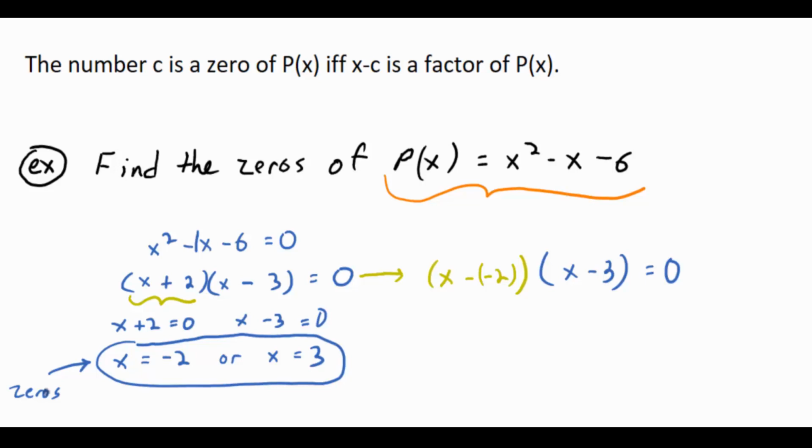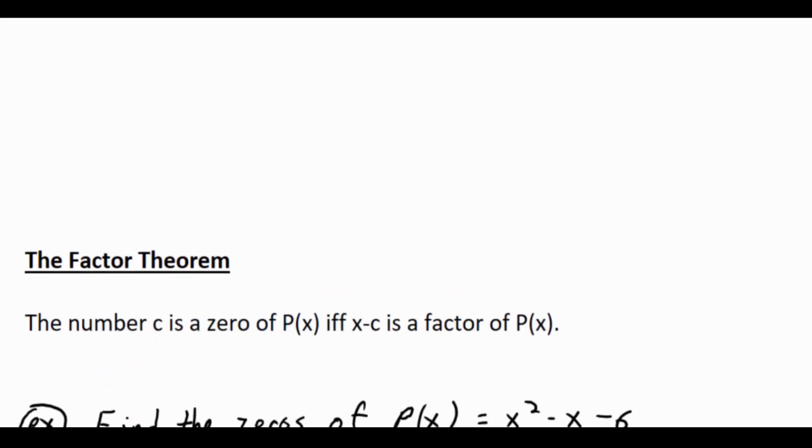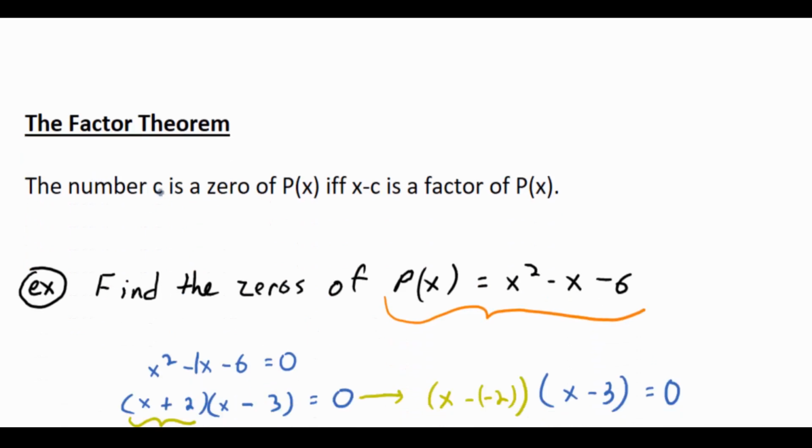So when you see that if and only if statement from the factor theorem, let's read it again to make sure it's in your head. The number c is a 0 of p of x if and only if the quantity x minus c is a factor of p of x. It means you can read it both ways. You can read it from left to right, but you can also read it from right to left using an if-then statement.